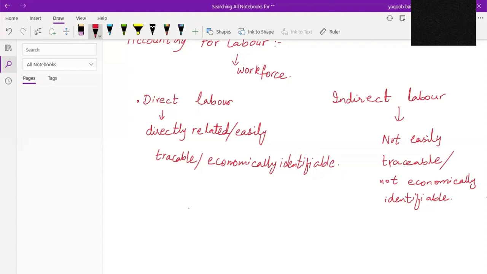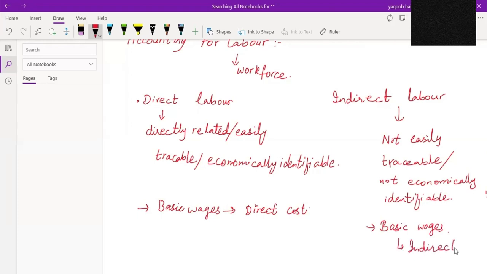Next one is, what is the treatment of the basic wages? Basic wages under the direct labor are direct cost, and basic wages of indirect labor is indirect cost.